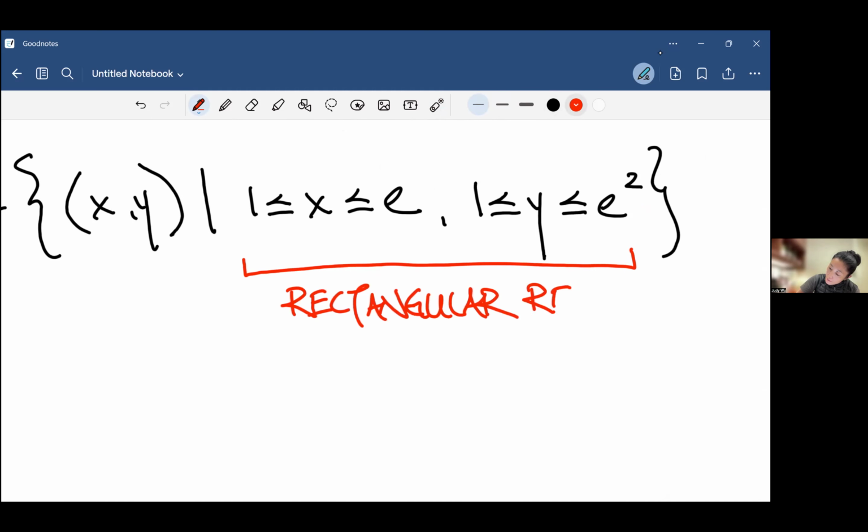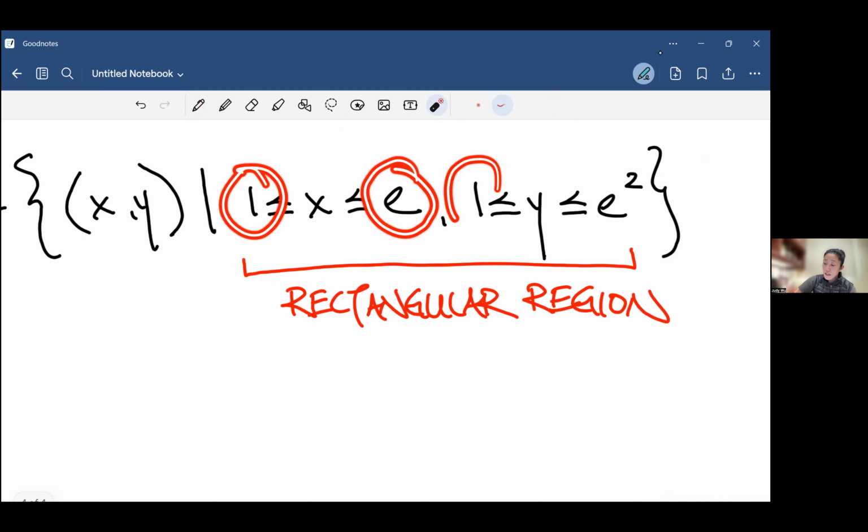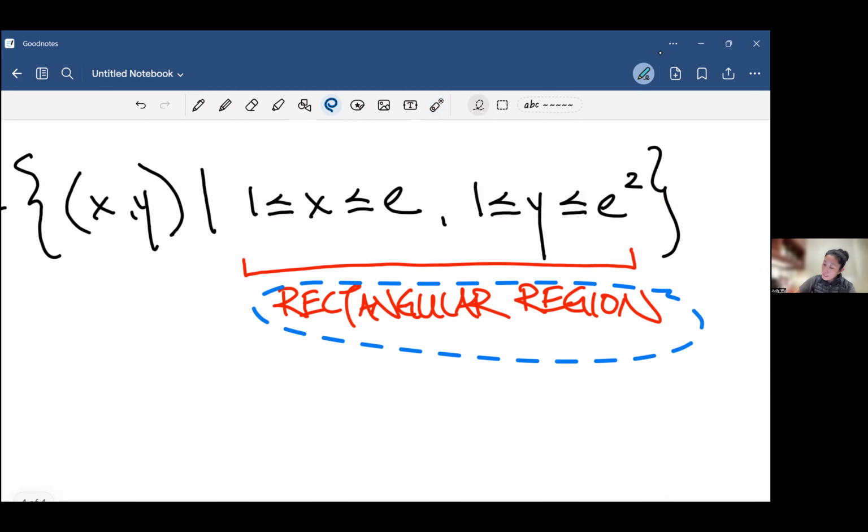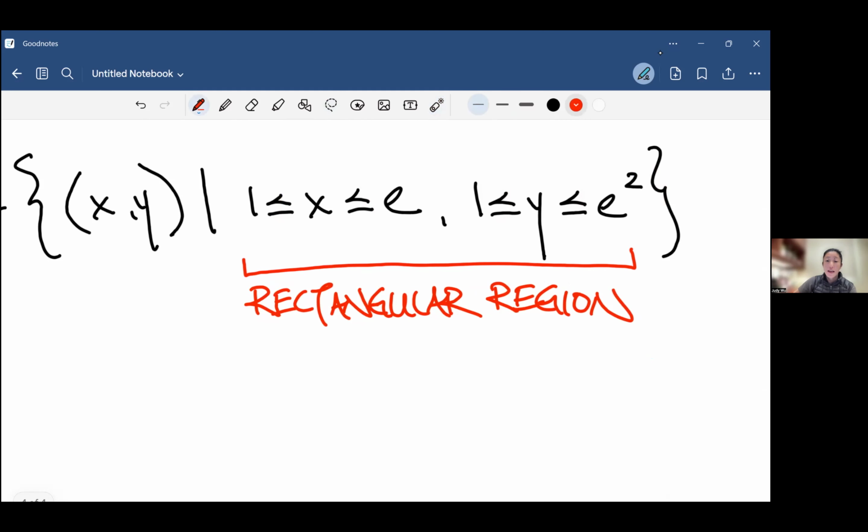And I know that because all of the bounds are numbers, okay? So I've got a 1, an e, another 1, and an e squared. All of those are numbers, which tells us we've got a rectangular region that we're integrating over, okay?